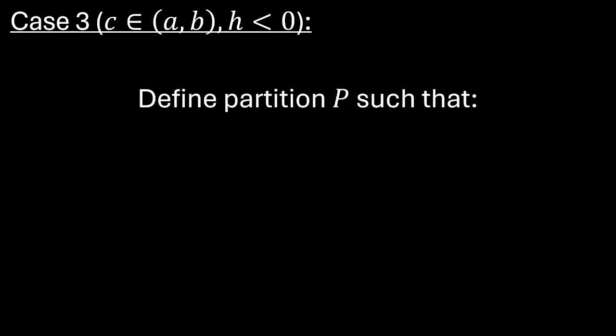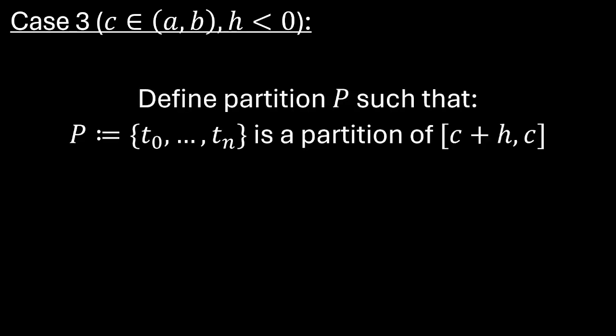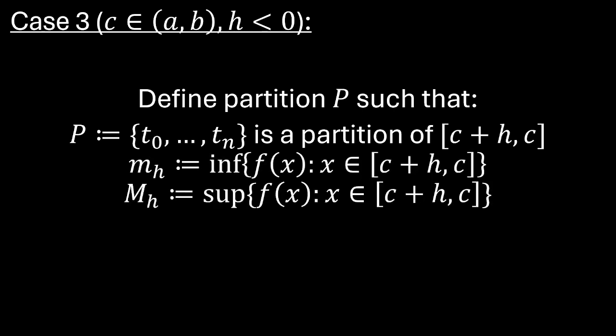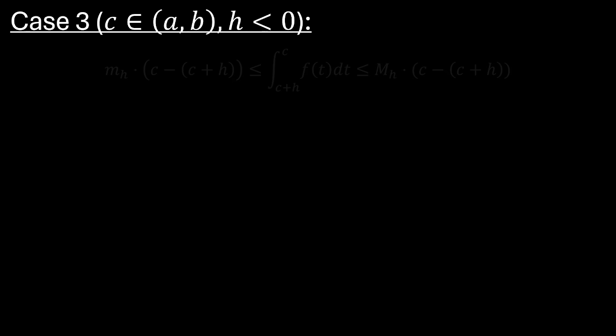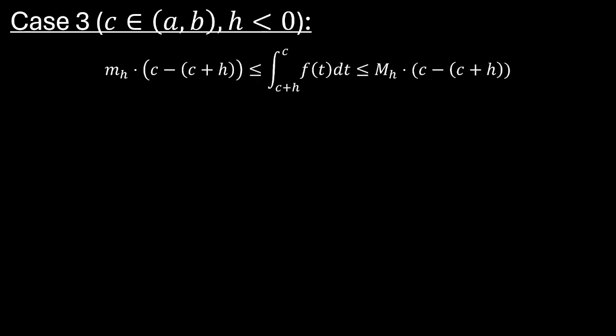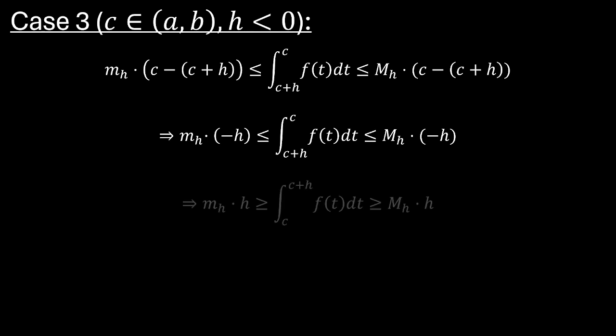And this is quite similar to case 2 now. So we'll define the partition P in that exact same way, but the interval is now c plus h to c, because h is less than 0, giving us the exact same lower mh and capital mh. So then we continue on. We're going to get the exact same inequality we've been having this whole time. Simplifying it down, we're going to get lower mh times h, which is greater than or equal to that integral there, which is greater than or equal to capital mh times h.